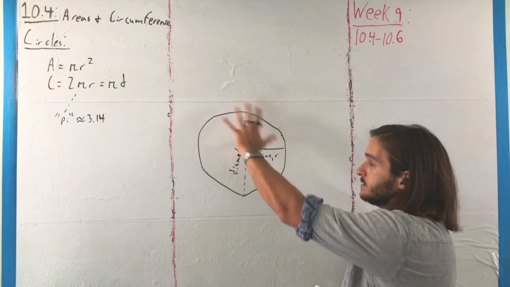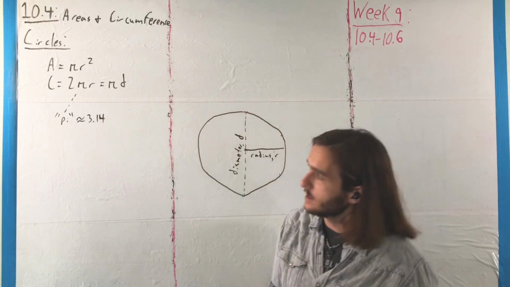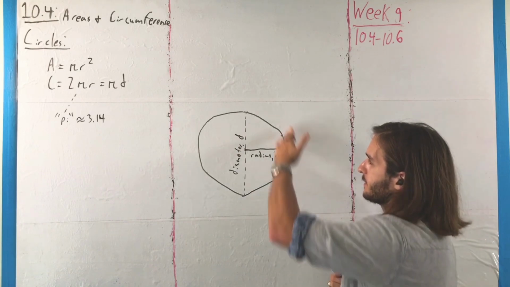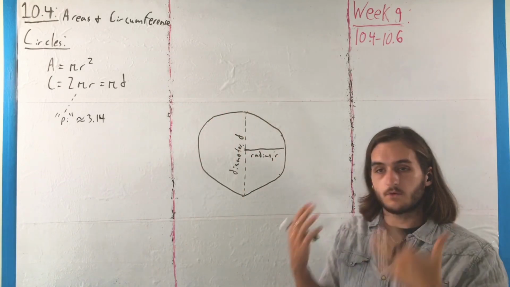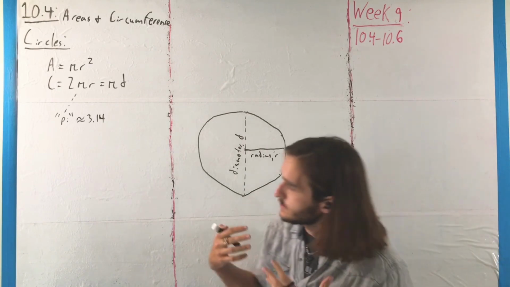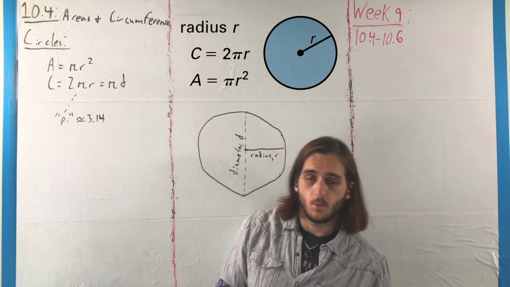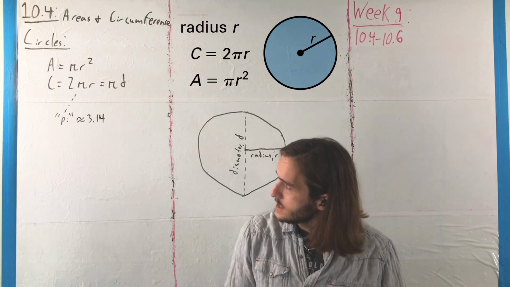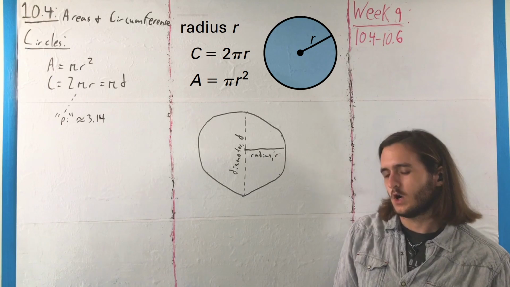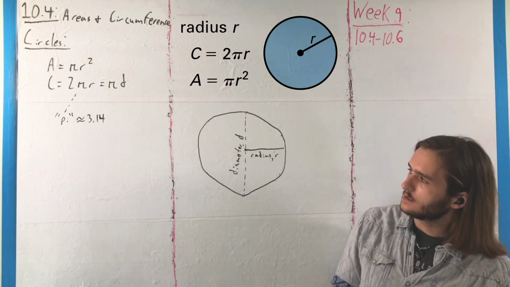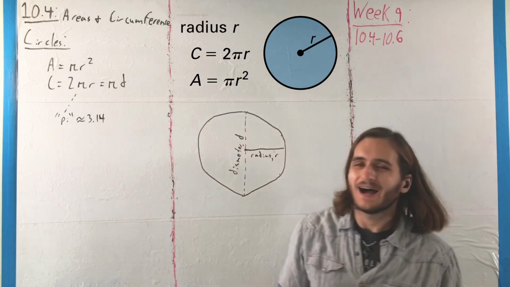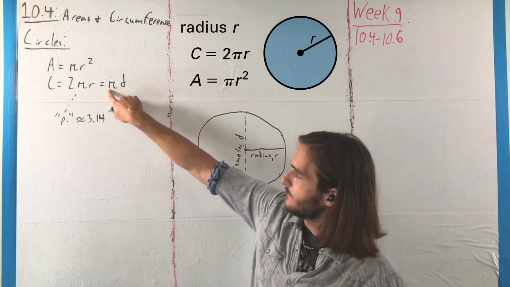For example, the amount of space that the circle takes up on a plane, that is the area, as well as the length of the outside of the circle, something like the perimeter of the circle, which has a special name in this context, we call the circumference, where the area of the circle is defined as pi r squared, and the circumference is defined by 2 pi r, or pi times the diameter, and that's what this funky looking guy is there.